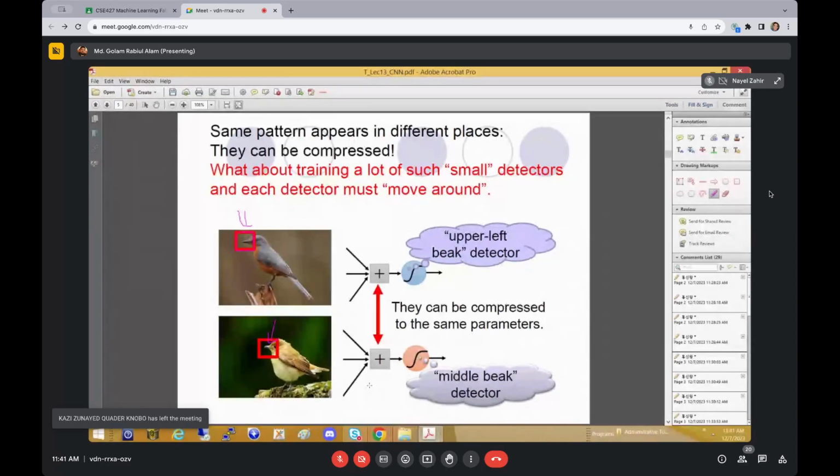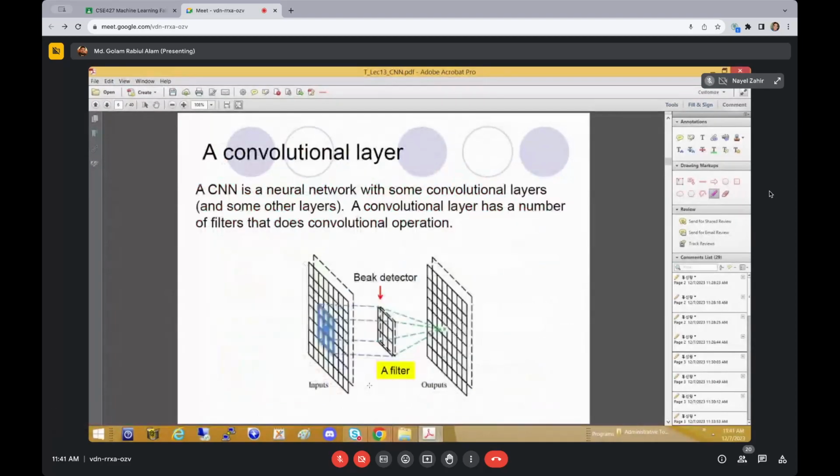Now move to convolutional neural networks. Here this is our image, and this is our beak detector. This beak detector, in convolutional neural network models, we call a filter, or sometimes a kernel.